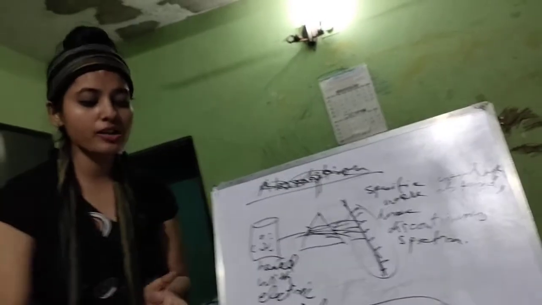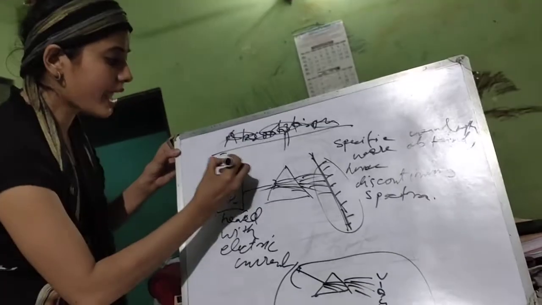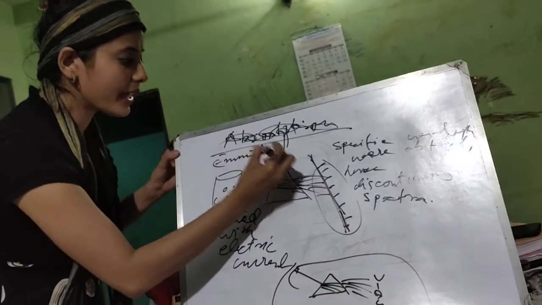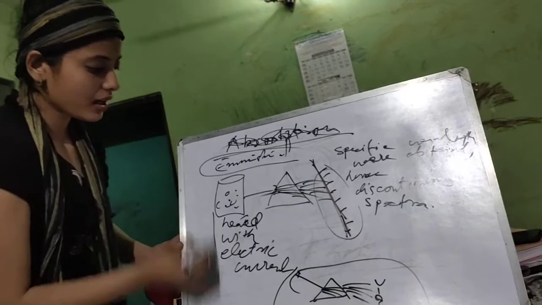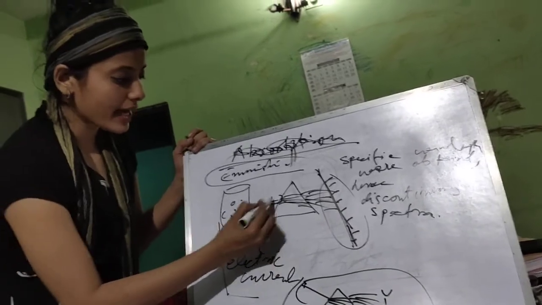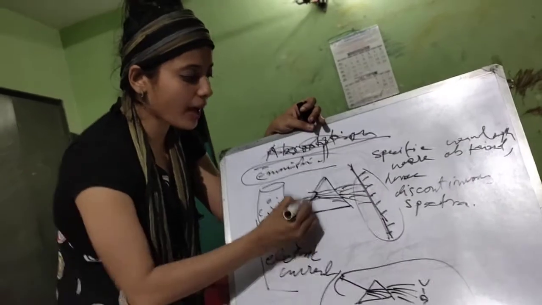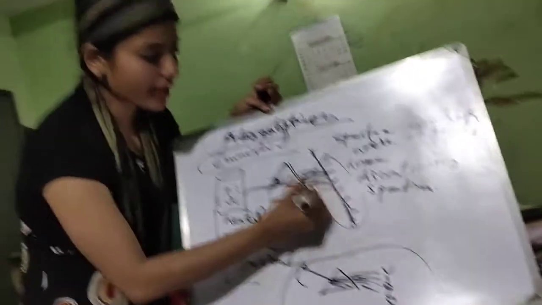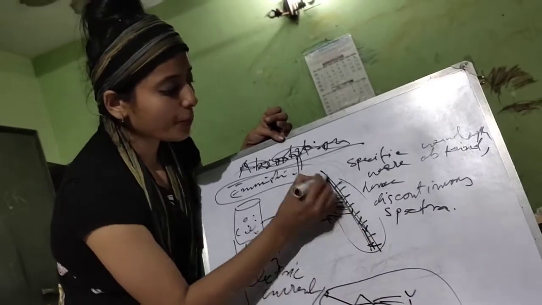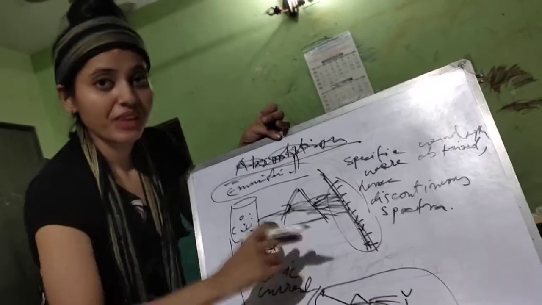But in case of emission spectra, what happens? In emission spectra, when you heat any gas, let's say with electric current, it emits radiation, and on being passed through a prism, these rays are obtained on the screen. What do we see?